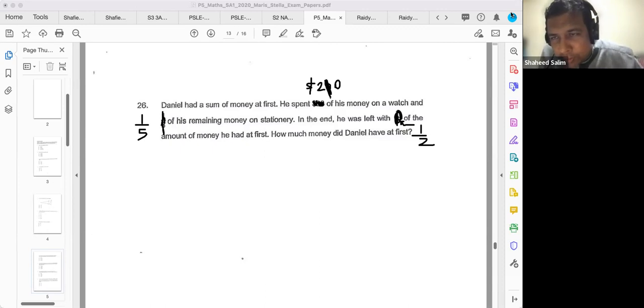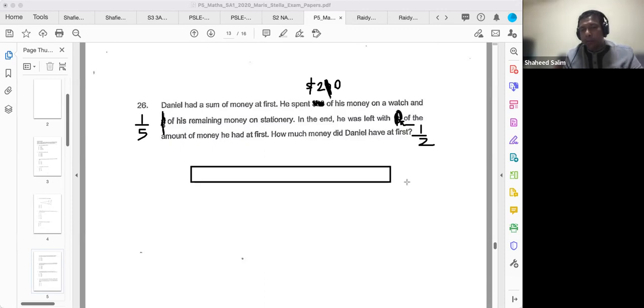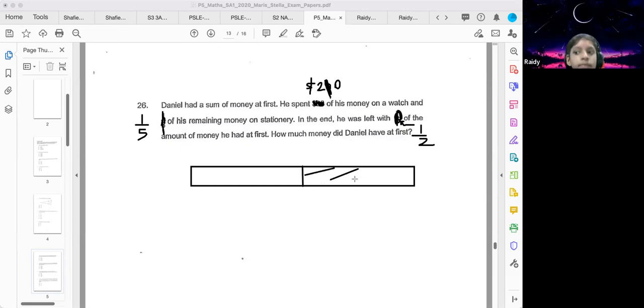Raidy, okay or not? I draw for you. We draw the end part. The end part, there's only half left. So I draw like that, this whole thing, I divide it into 2. So this is now at the end.